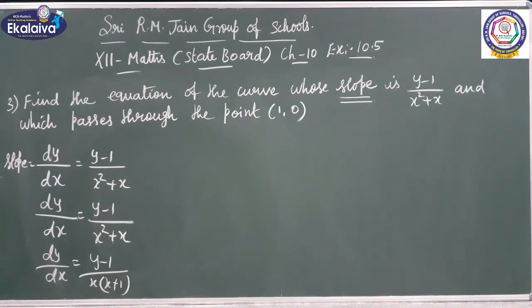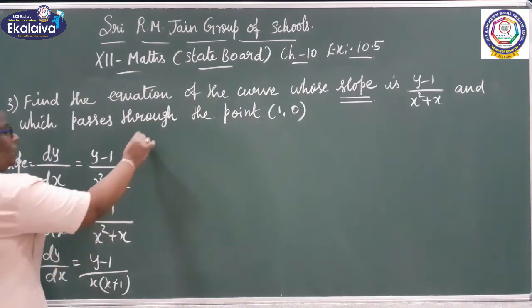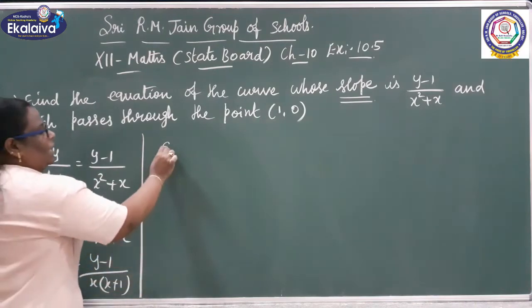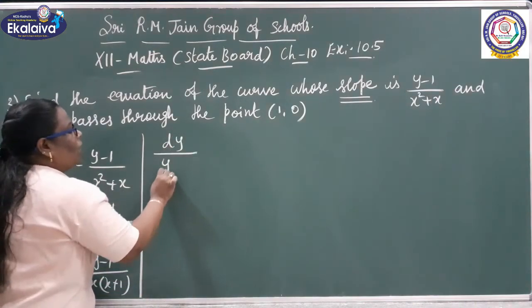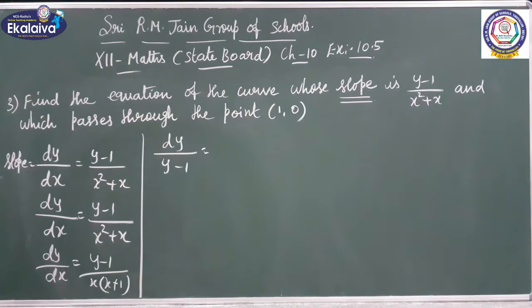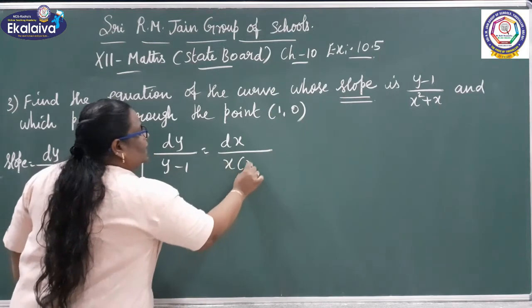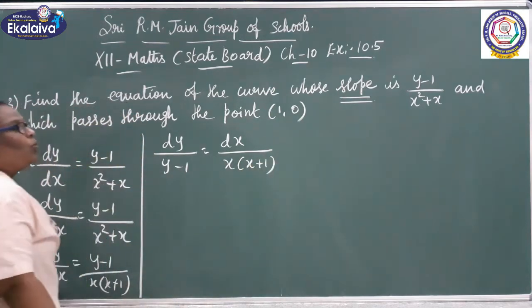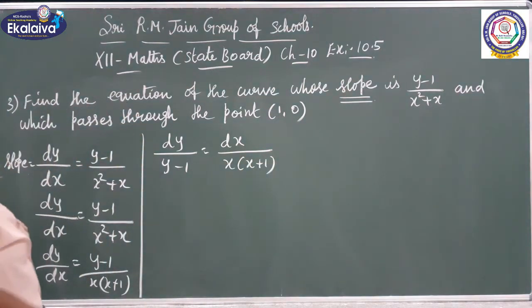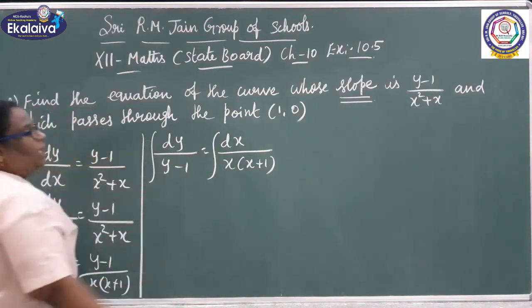By the variable separable method, dy by (y minus 1) equals dx by x into (x plus 1). So integrating on both sides.